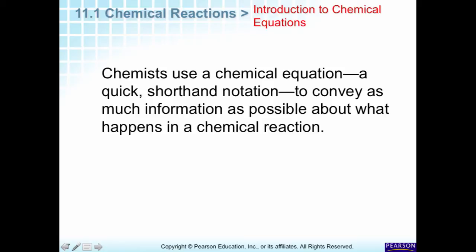So why do we use chemical equations? I'm always saying chemists like to use less ink. Anytime we write things, we write a lot of things down. Chemists like to use less ink, so they make things into a shorthand.